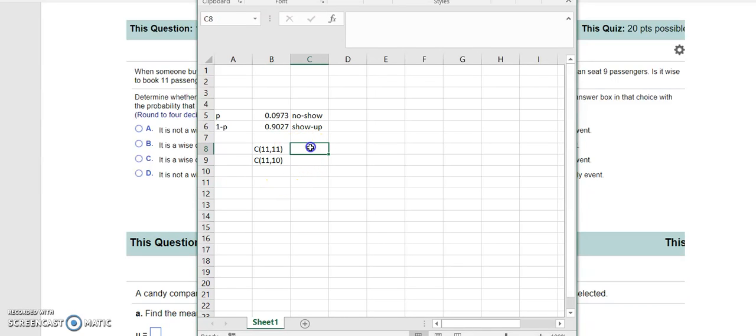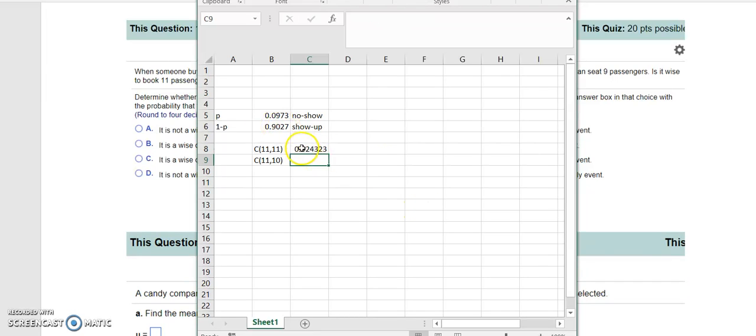So here's the binomial distribution then. Here's the formula. It's the combination of, again, 11, 11. This is when everybody shows up, multiplied by the show up probability to the power 11, because everyone's showing up.